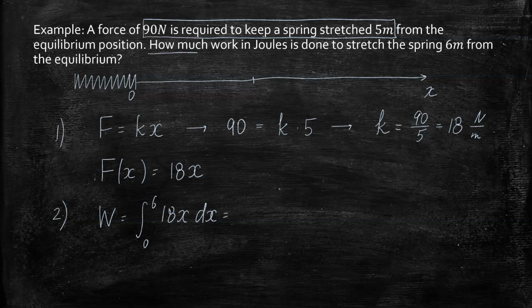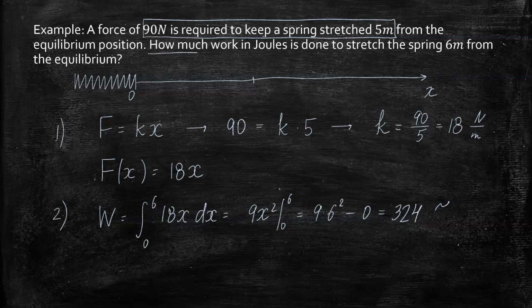So it's a simple integral. It's going to be 9x squared evaluated from 0 to 6. So 9 times 6 squared minus 0. 6 squared is 36. 360 minus 36, what is it, 324?